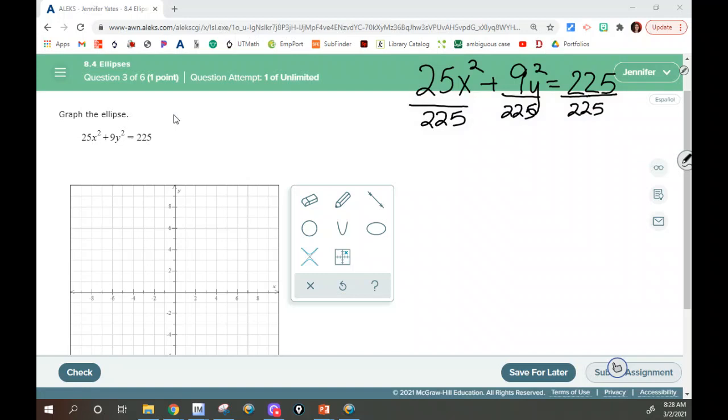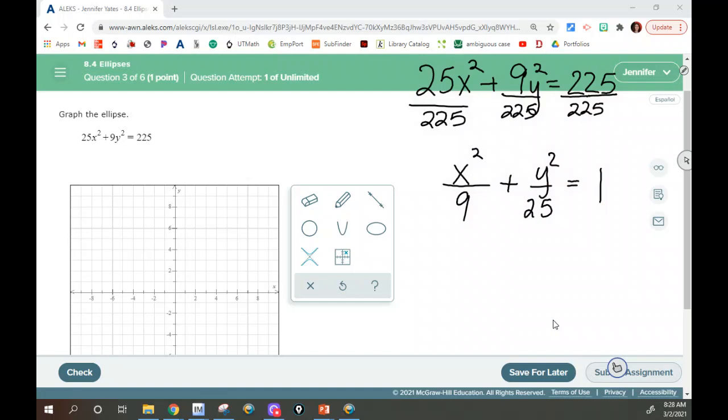How many times does 25 go into 225? 9. Lovely, that's a pretty number. I like numbers I can take the square root of when I'm graphing ellipses. Plus, so 9 reduces with 225, it would be 25, right? Now that equals 1.